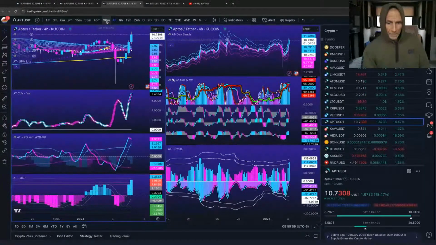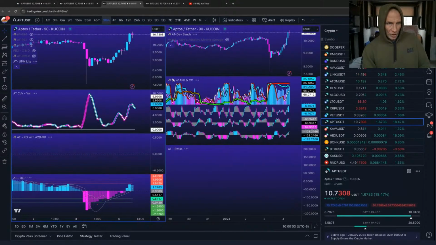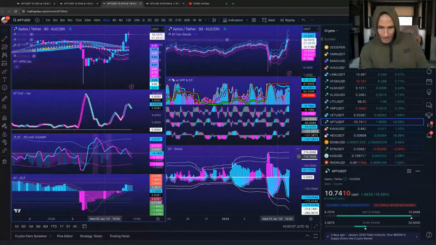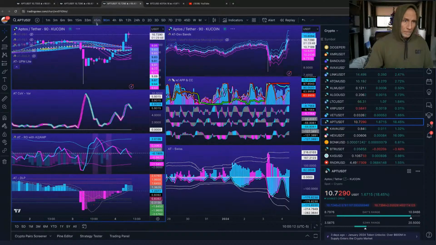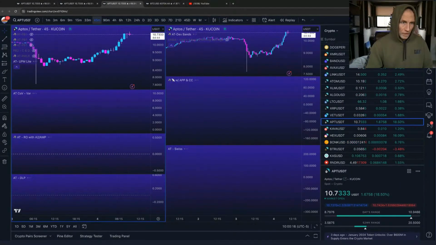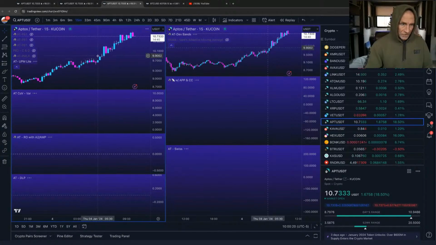That's a 4 hour. Not trending really yet. Starting to drop. I'm looking for this previous move here. 90 minute? Possibly. Go all the way down here. I'm going to make it all the way down to 15. I want to see some outliers.